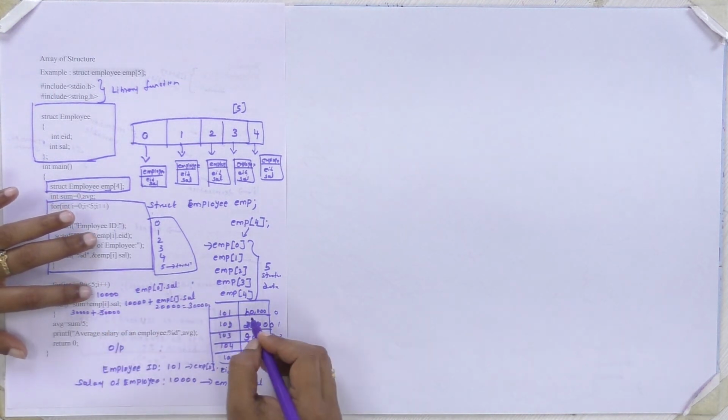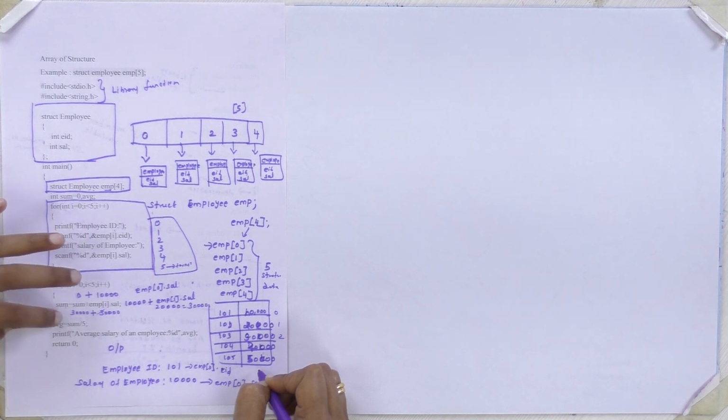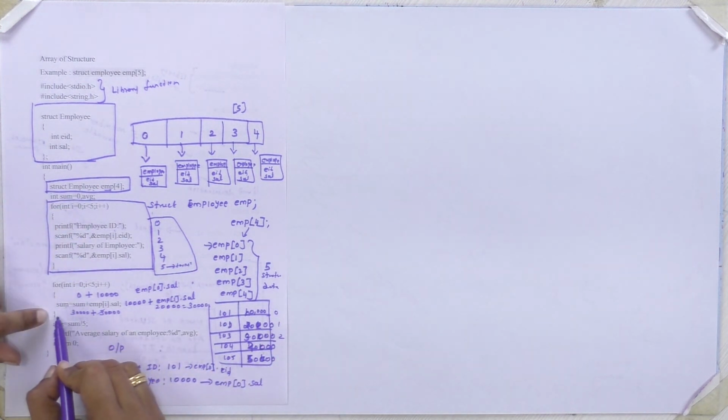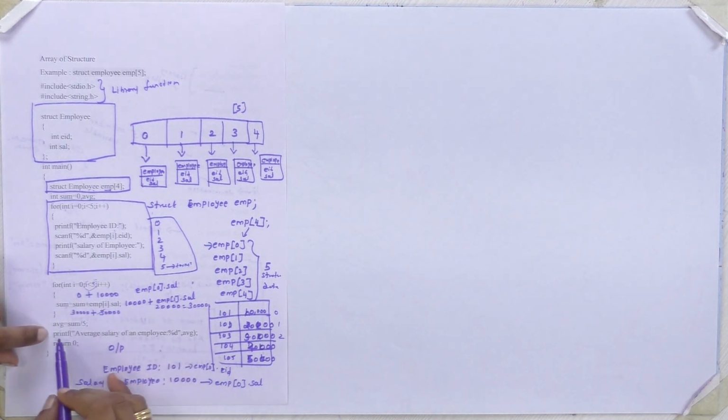Finally we get the sum of all employee salaries, and it comes out of the loop after the condition fails.